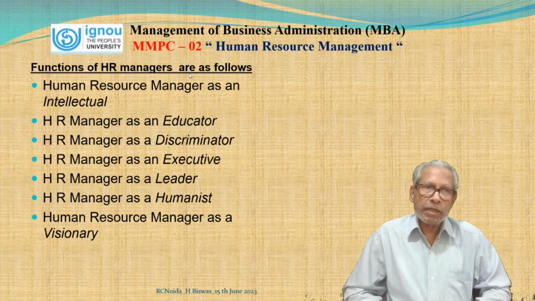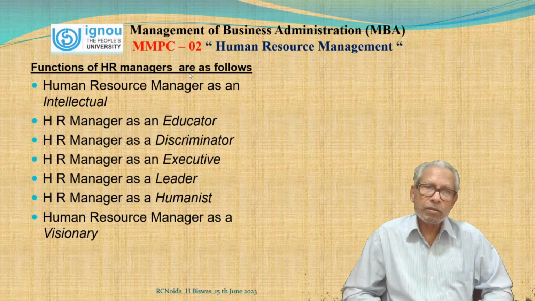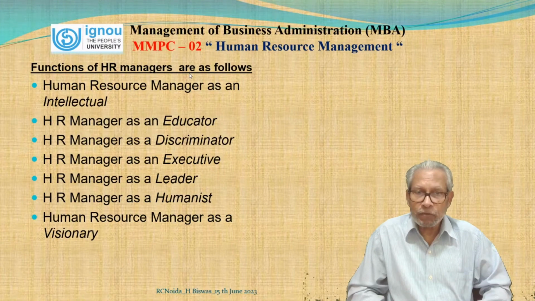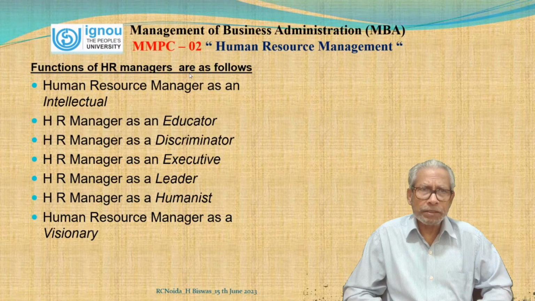Basically, the HR manager should be intellectual enough, education should be there. You can easily discriminate the things, understand them very fast, and take decisions very quickly. These are all criteria, basically mandatory for good managers.